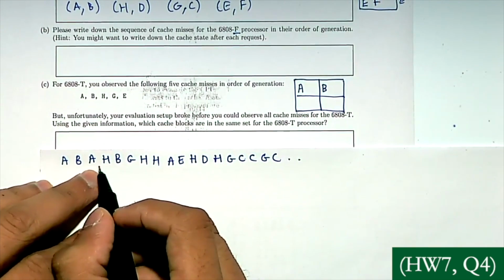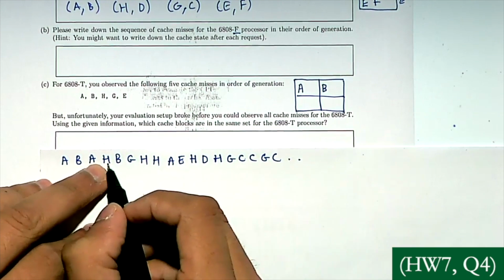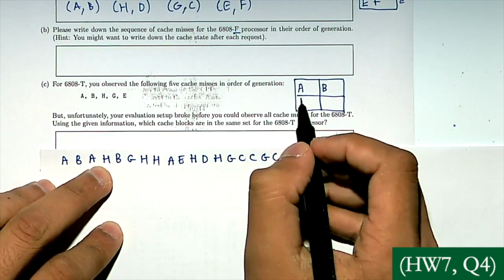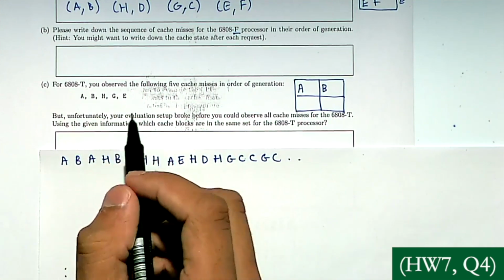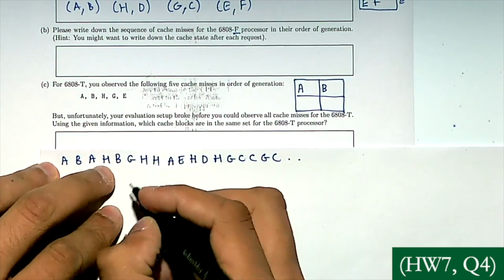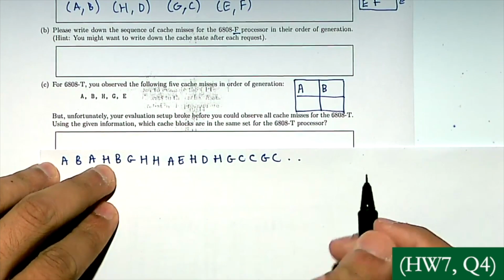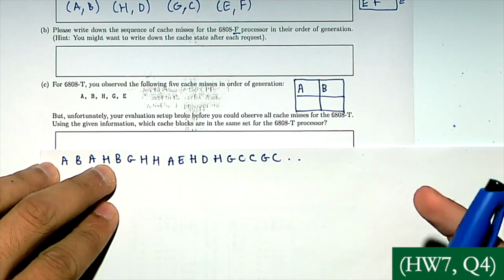Then we have an access to A again, which is going to be a hit. Then we have H. We don't actually know where H is going, so we have to look at the misses that we get. H is a miss because it hasn't been seen before. Then we have B, and B does not generate a miss, which means B was not evicted.